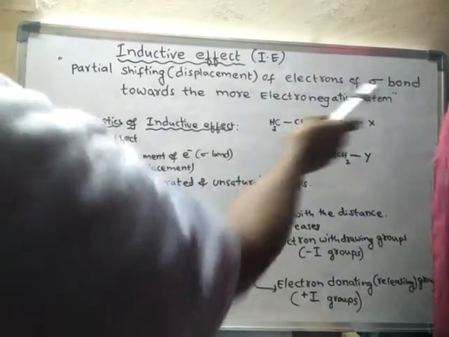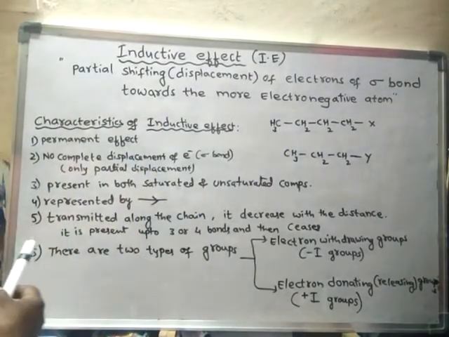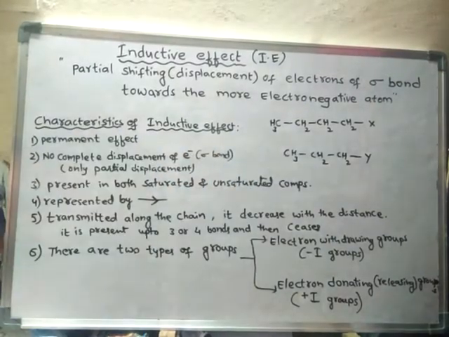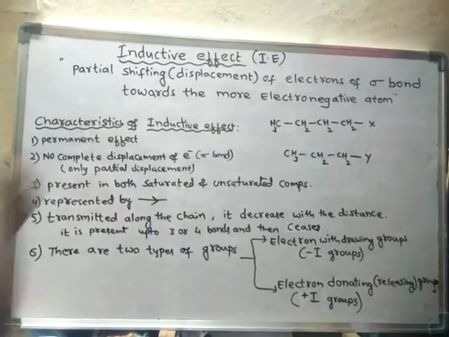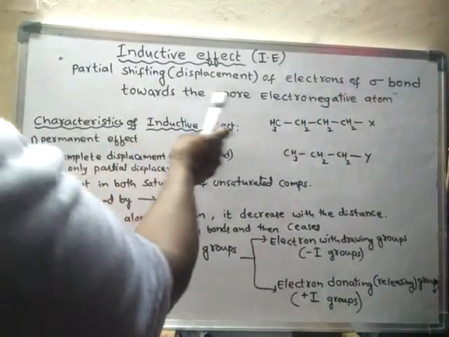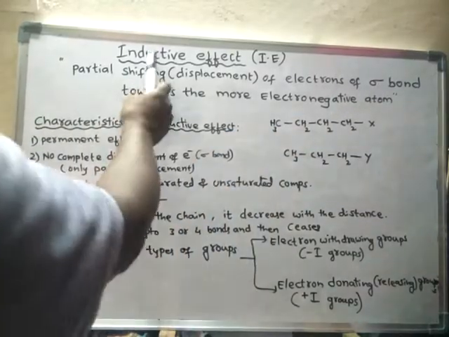The electrons of the sigma bond undergo partial shifting, towards a more electronegative atom. The partial shifting of electrons of a sigma bond towards the more electronegative atom is called the inductive effect.